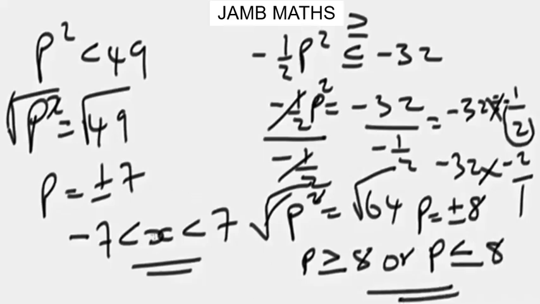Let's represent this one with p, since we are dealing with p, not x. So that's the answer to this question. P is greater than or equal to 8, or p is less than or equal to negative 8. This is basically how you can solve problems involving inequalities. You look at the quadratic aspect of it.